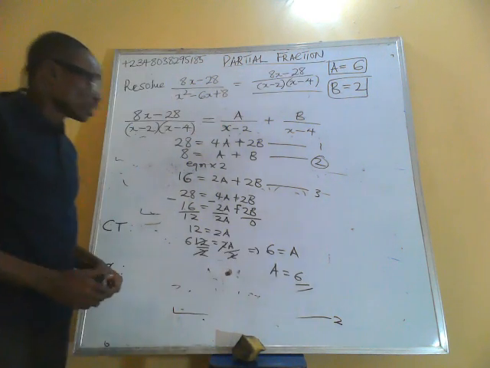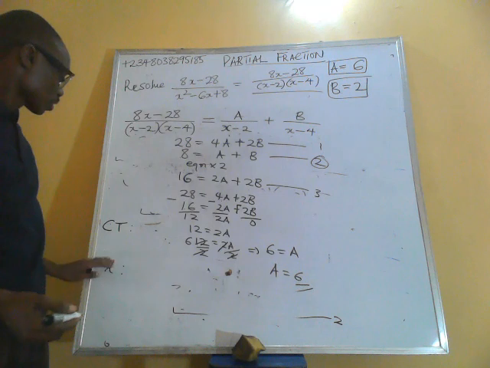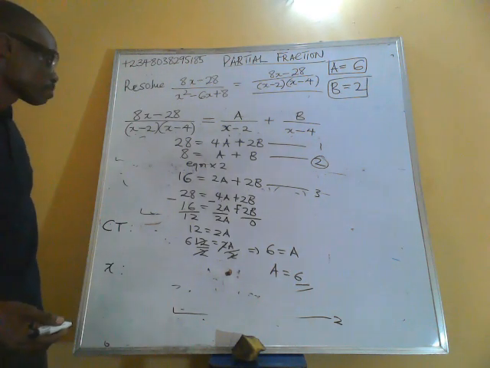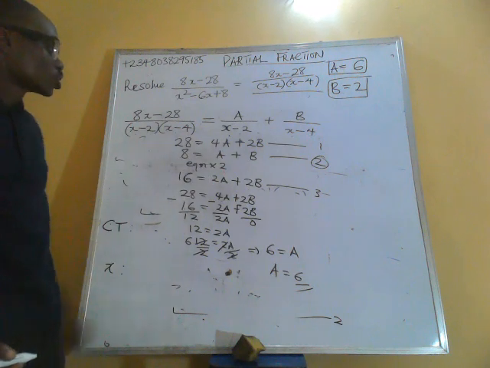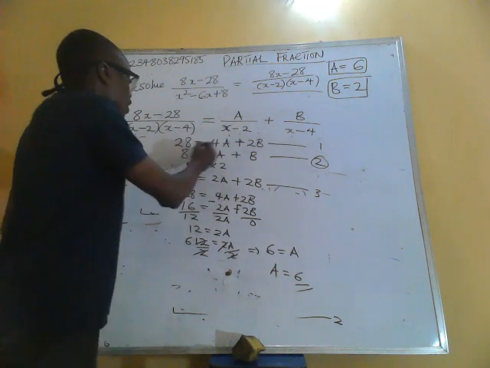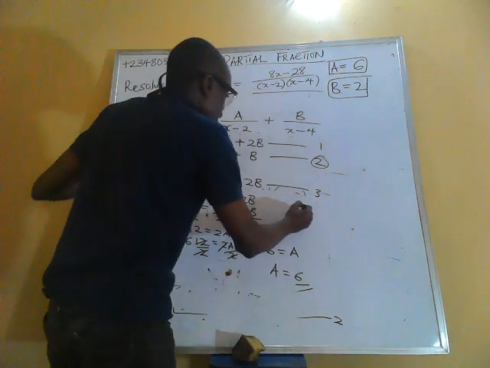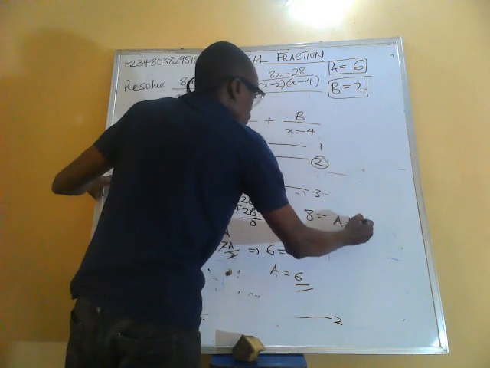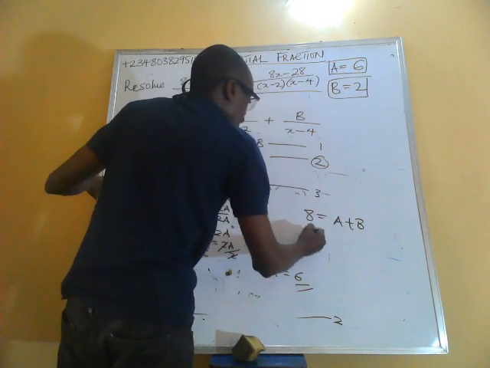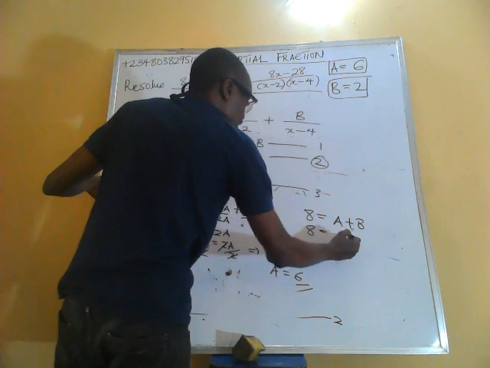Now next we'll go ahead to solve for b. Taking equation 2, we have that 8 is equals to a plus b, and right now we have that a is 6.